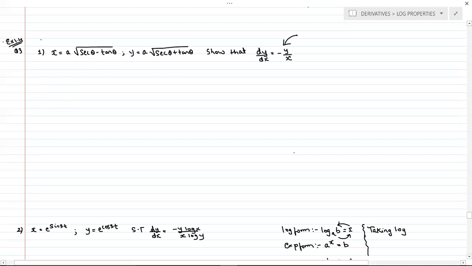As I told, just focus on the "show that" and try to eliminate the unknown things. Here the unknown things for us are a, square root, sec and tan. So we know that x equals a square root of sec theta minus tan theta.